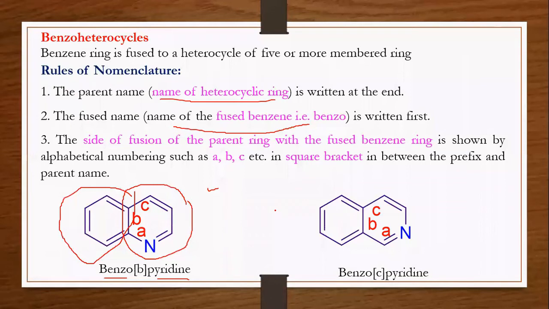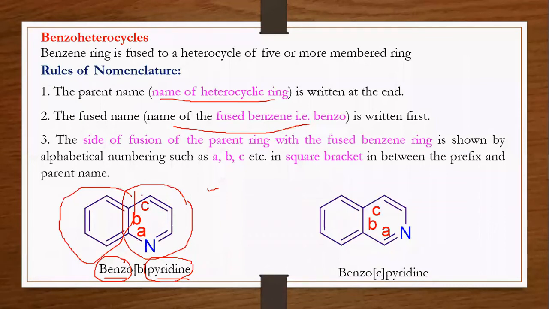Now, the next point is really important. The side of fusion of the parent ring with the fused ring is shown by an alphabet, such as a, b, c, etc. And it is written in square brackets in between the prefix and the parent name. Now see, here benzo is our prefix, while pyridine is our parent name.